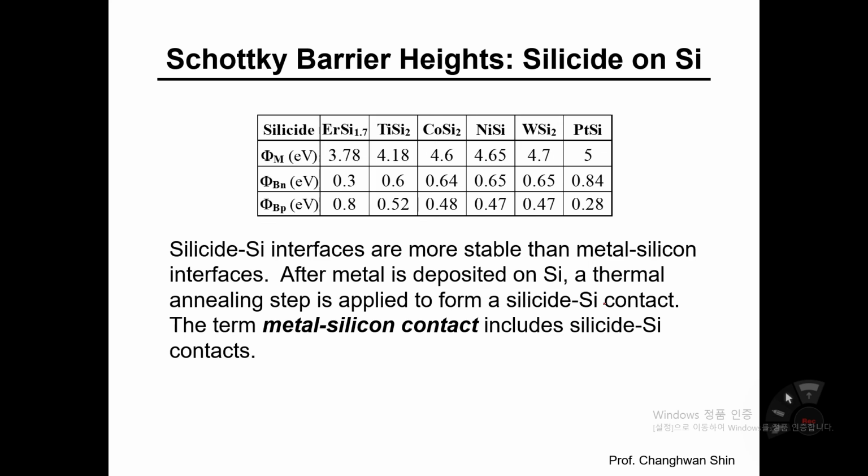But if we heat up the wafer, then the metal can chemically react with the silicon atoms. In the end, at or near the interface, a new material named silicide can be formed. For example, erbium is combined with silicon chemically, then an erbium silicide material has been newly created. This erbium silicide is a very different material from erbium itself and silicon itself.